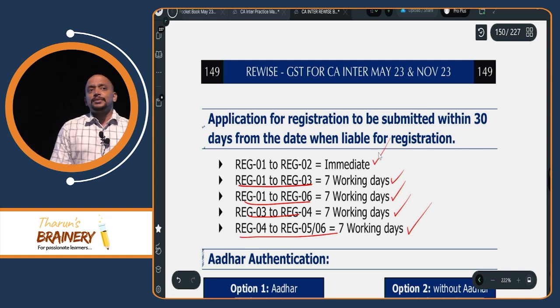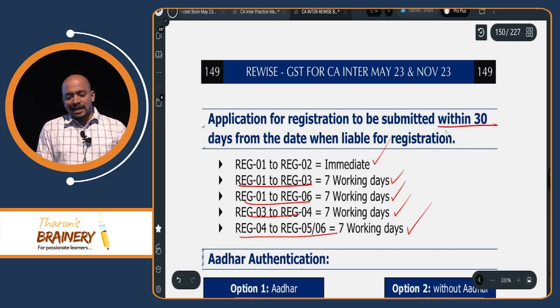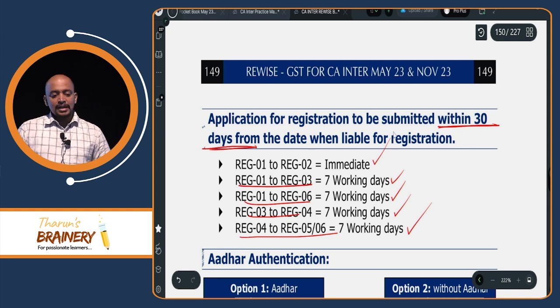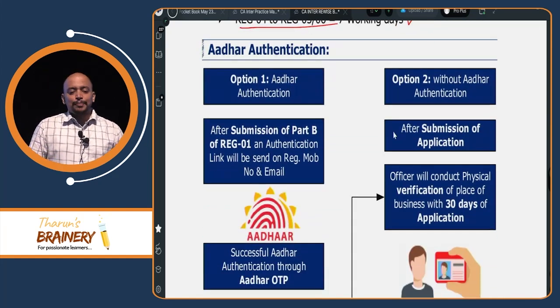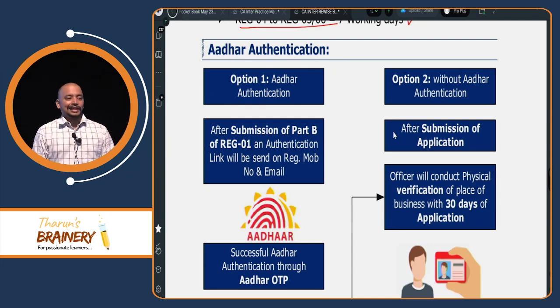Then, what is the time limit within which a person should make application for registration? Already we studied that. Within 30 days from the date when a person is liable for registration. Then, whenever we make application for registration, we have an option called Aadhaar authentication.